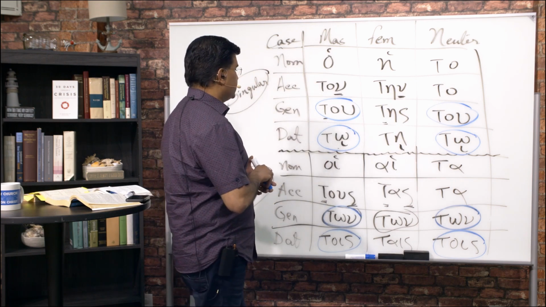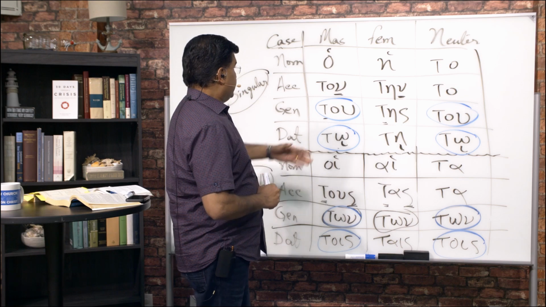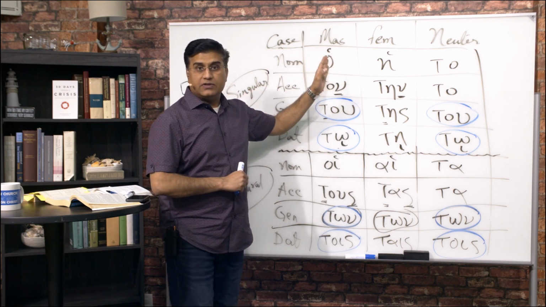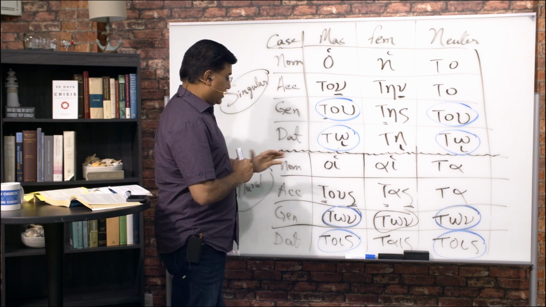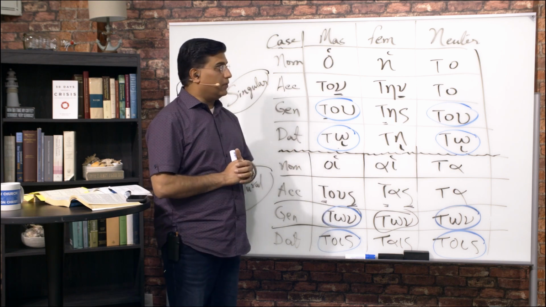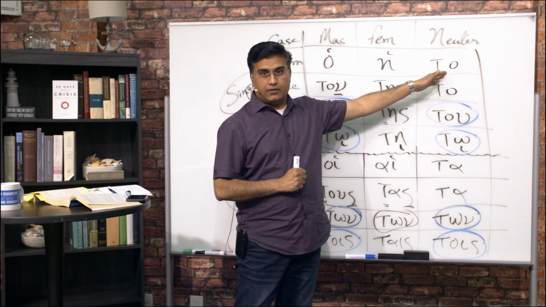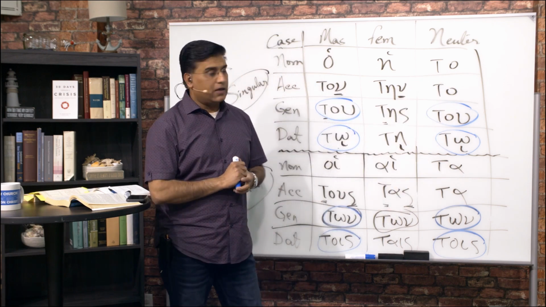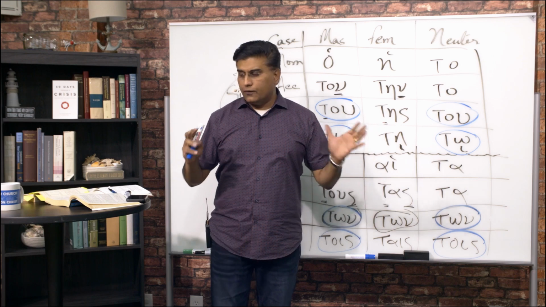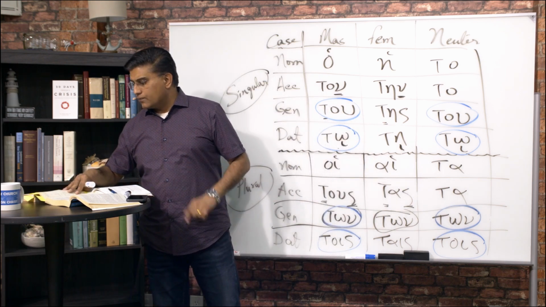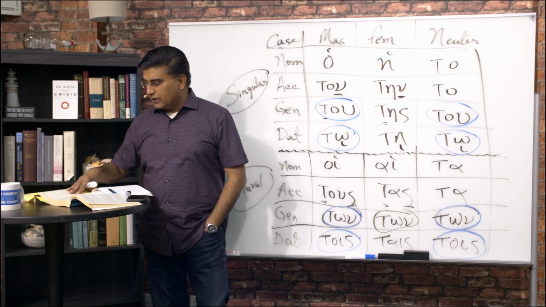The only differences are really the nominative singular, and then accusative singular, and nominative plural, and accusative plural, and same here. They're different. So this is the chart of the definite article in the Greek language.